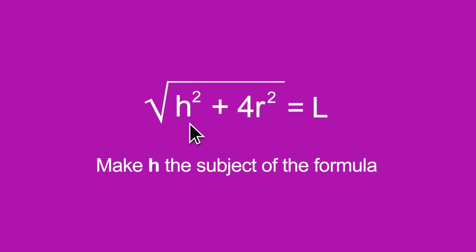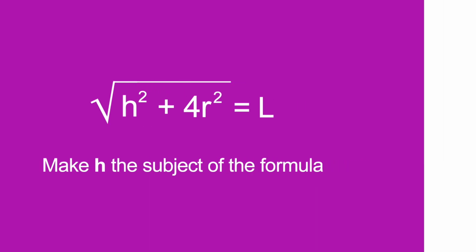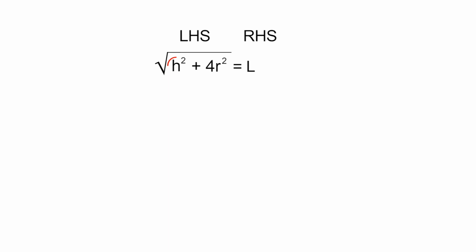This doesn't change anything as to how we approach making h the subject. I'll begin by putting a circle around the variable h. So I now need to work out the order in which I get everything over from the left-hand side of the formula to the right-hand side of the formula in order to get h on its own.